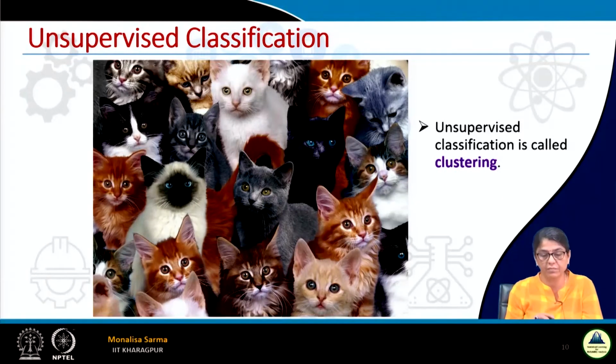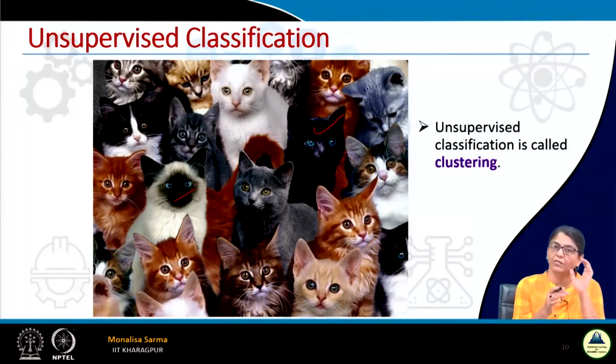Maybe we can have some cats which have, say, blue eyes. This is a cat which has blue eyes, this is a cat which has blue eyes. So maybe cats with blue eyes, we can have one cluster. Then cats with brown eyes, we can have another cluster. That way we make clusters based on the eyes, or maybe based on some other features.